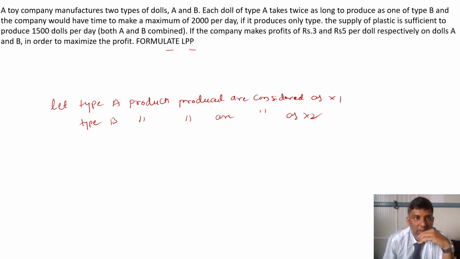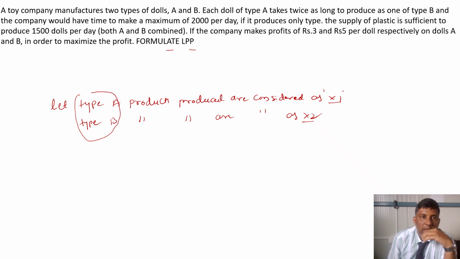So I have written here: let the type A products produced be considered as x1, and the type B products produced be considered as x2. So now we have identified the decision variables. Those two decision variables, x1 and x2, are taken from the two products, right?